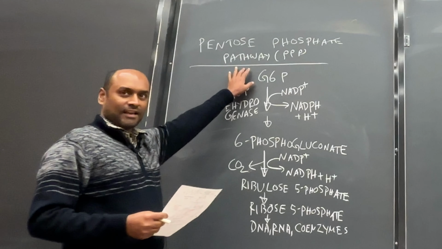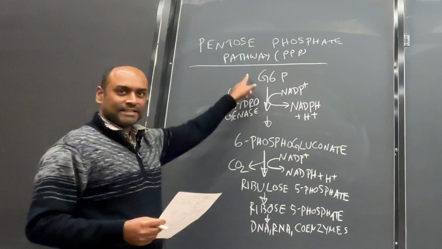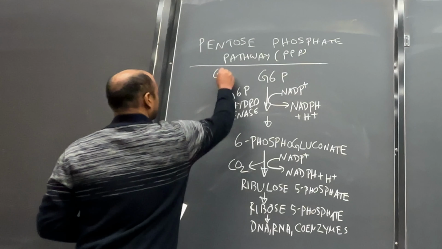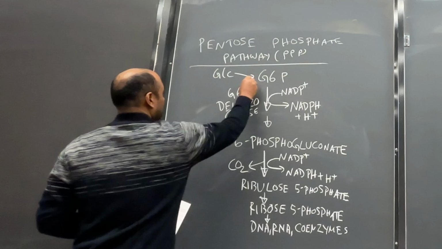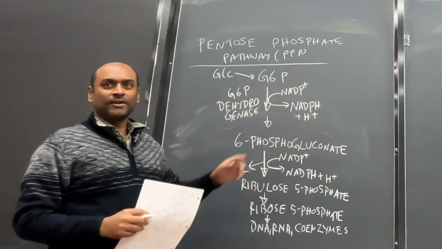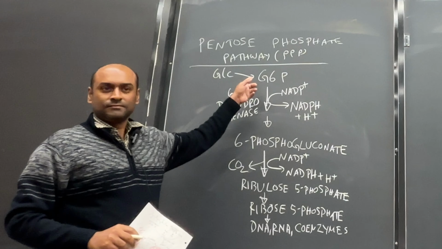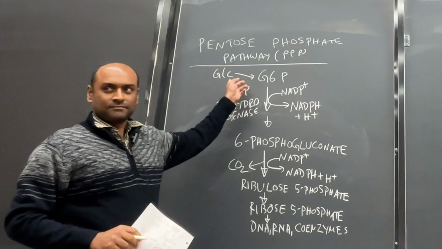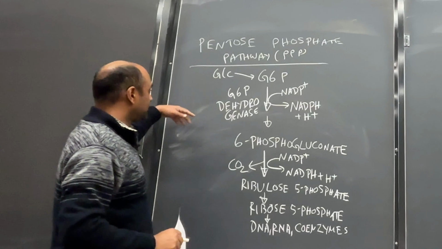Glucose that enters the cell goes to G6P. We know we go to G6P from glucose, right? Which enzyme? Kinase, right? It's a kinase.